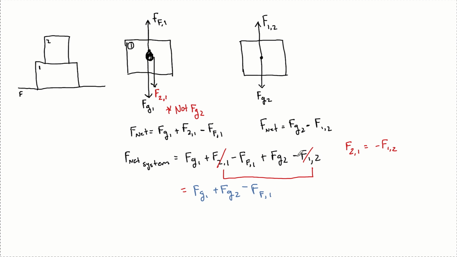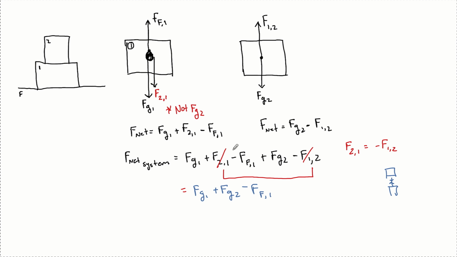We call these action-reaction pairs, these contact forces inside the system, internal forces. And just like when we had a box and a box with tension on each side, and it didn't matter what direction the tension was pointing because they were internal, this is essentially going to be the same thing.